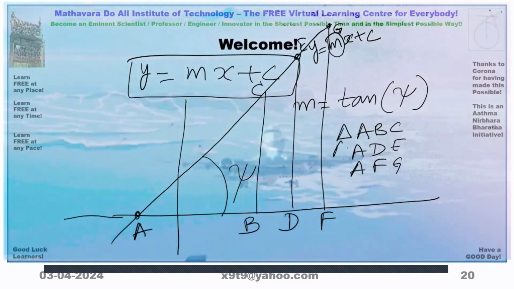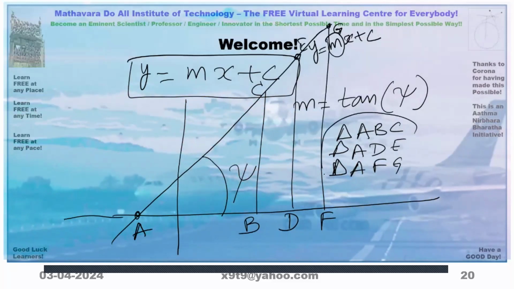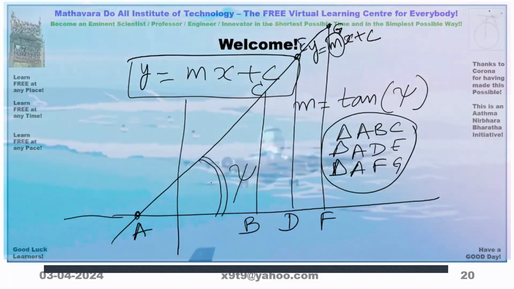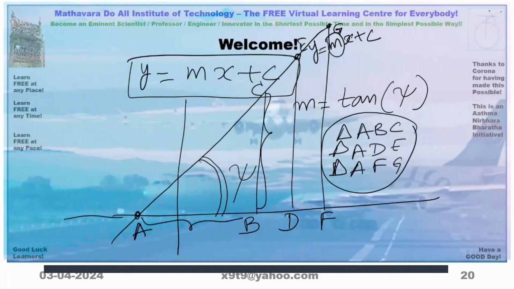For the tangent of this angle, it is opposite side by adjacent side.